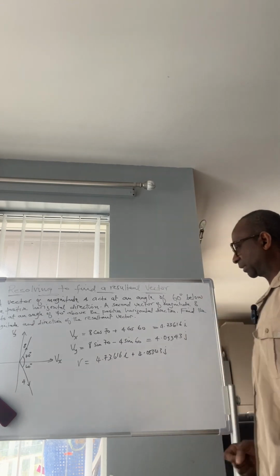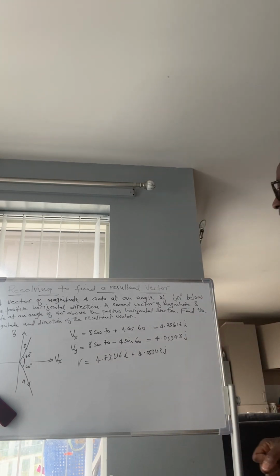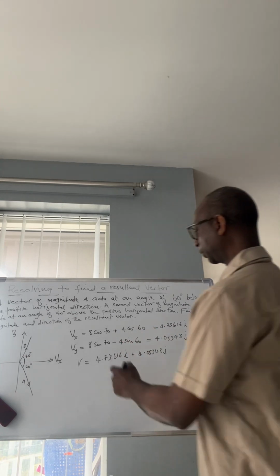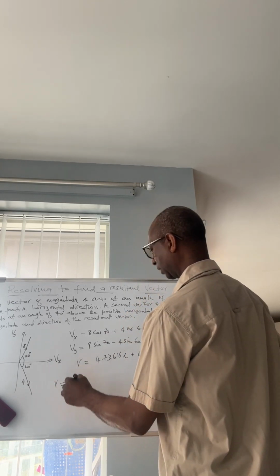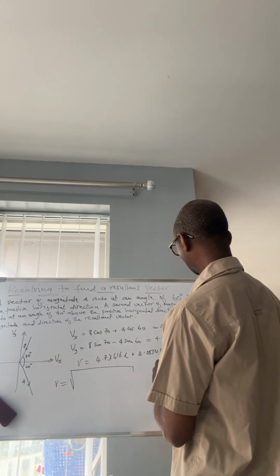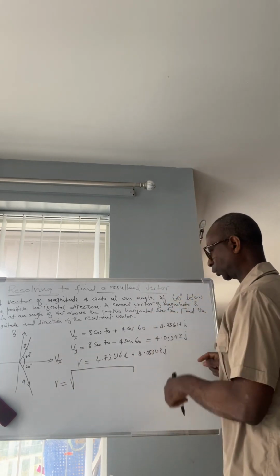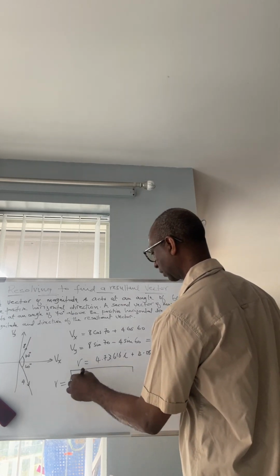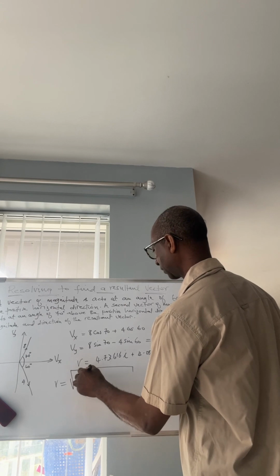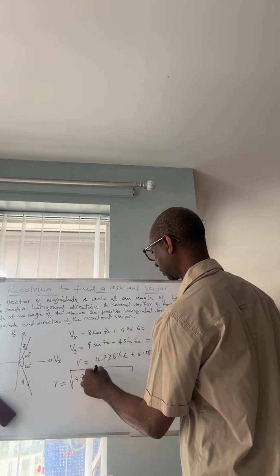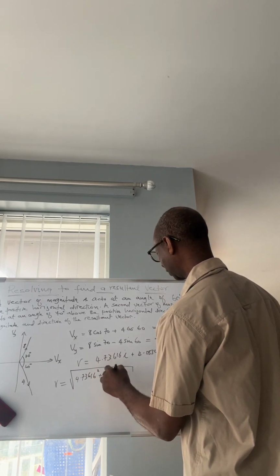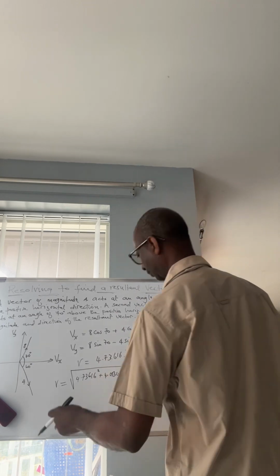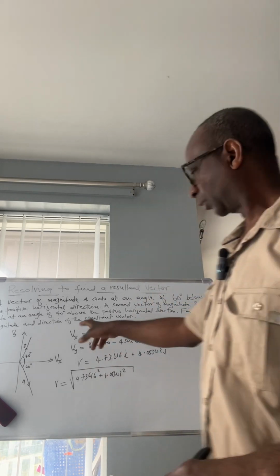If you want to find the resultant vector here, you want to find the magnitude of this resultant vector. So what do you do? For the magnitude, you have the square root of the sum of the squares of these two numbers. You need to square 4.73616, plus 4.05343 squared, to find the magnitude.